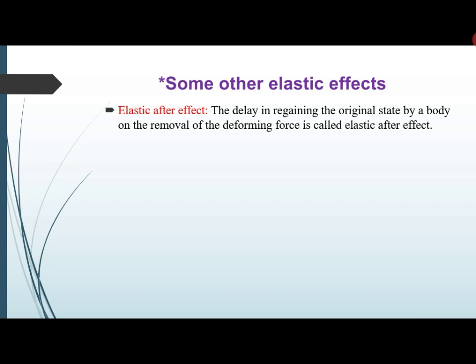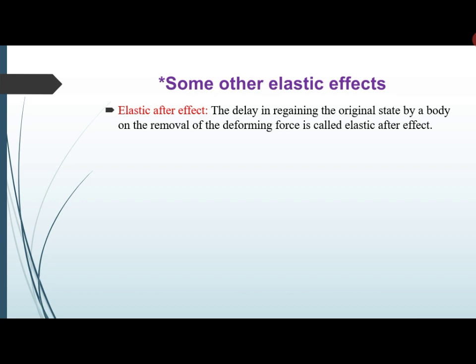We can consider the example of quartz. We know that quartz is highly elastic in nature. So when we remove the deforming force from quartz, it regains its original configuration immediately. But on the other hand, a glass fiber takes many hours to regain its original state.